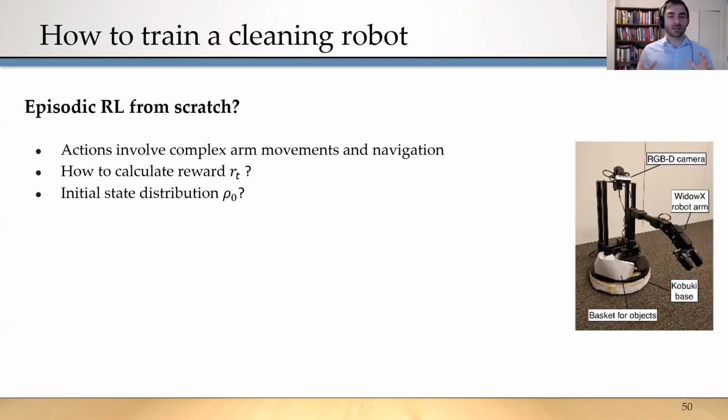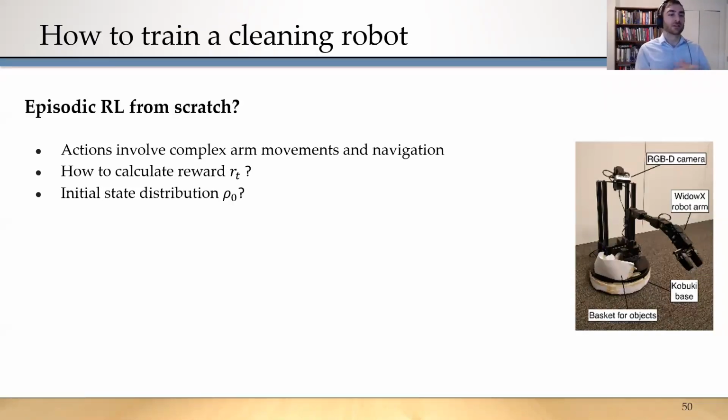It's also not clear how you can calculate the reward now that you're in the real world instead of in a simulation. In the last project, we essentially had perfect control over the simulation, so we could compute the distance between where the agent was and its goal location without any noise at all and without any issue. But in the real world, this is basically not possible.